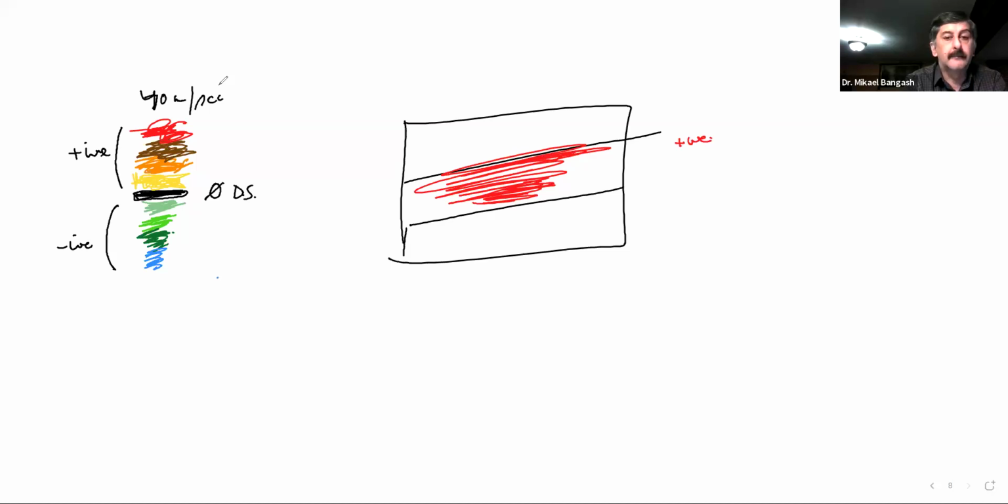Did you guys get that? So since we see red here, that mainly means that this red represents blood that flowed at a speed of 40 centimeters per second.